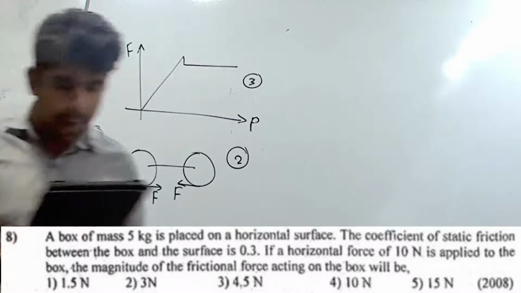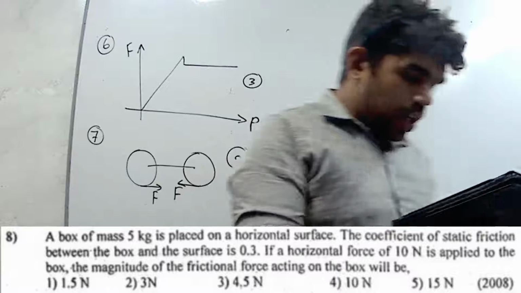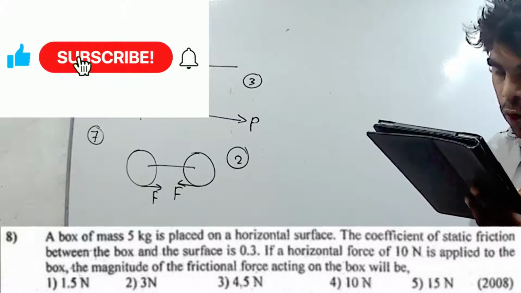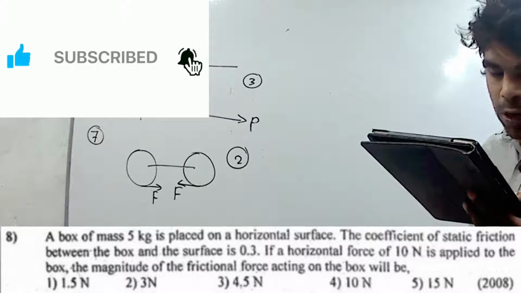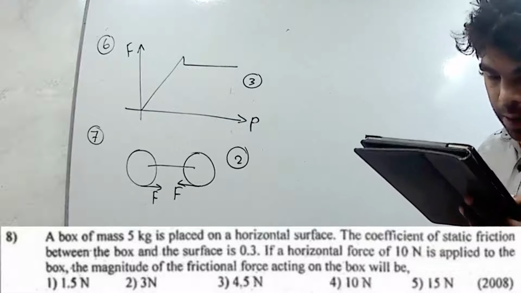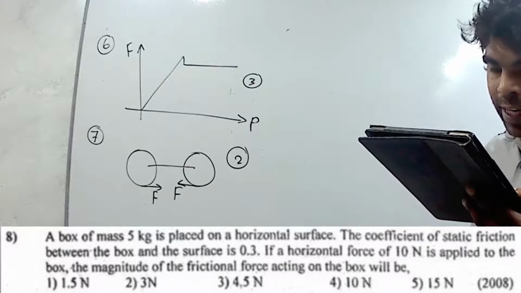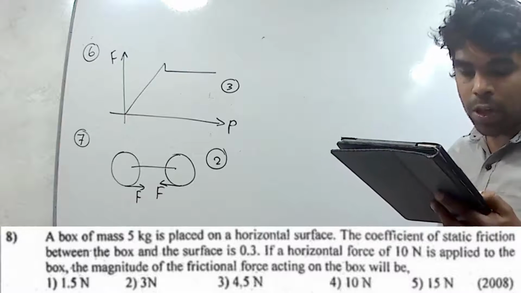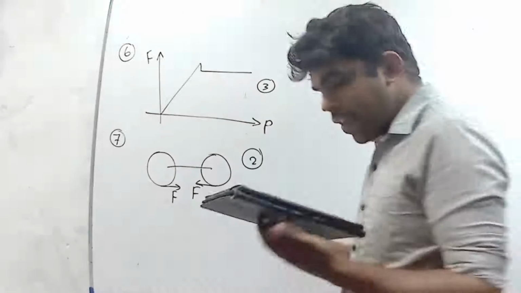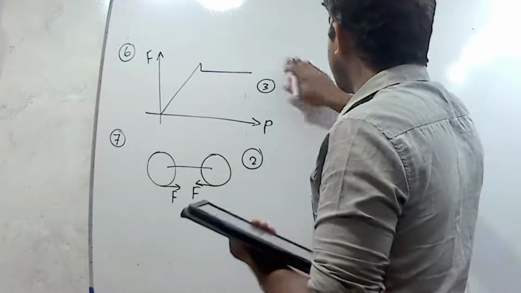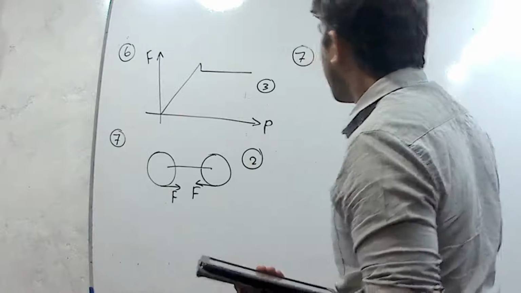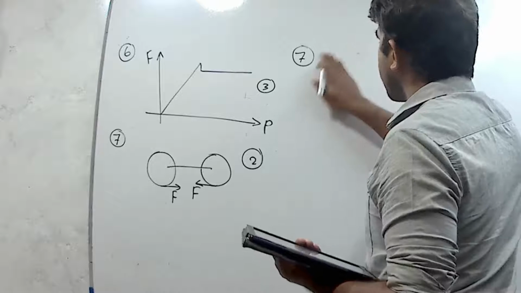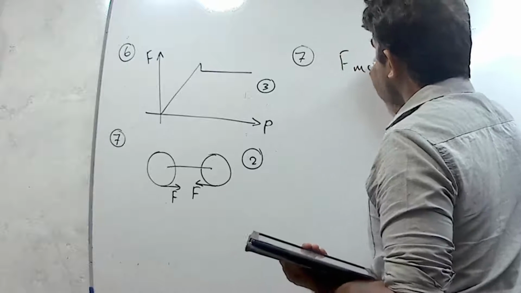Question number 8. A box of mass 5 kg is placed on a horizontal surface. The coefficient of static friction between the box and surface is 0.3. If a horizontal force of 10 Newton is applied to the box, the magnitude of frictional force acting on the box will be? I will consider the maximum frictional force as F max.